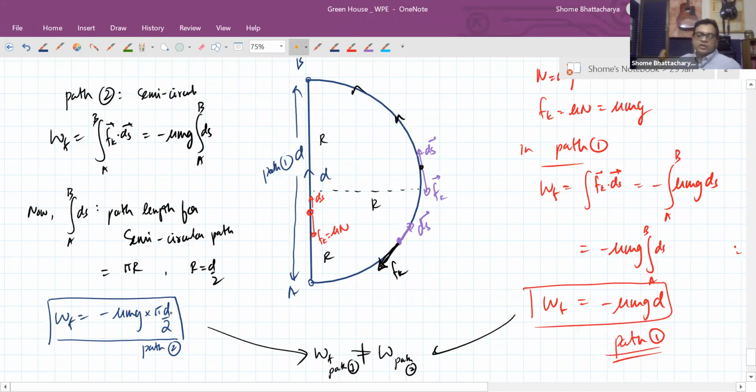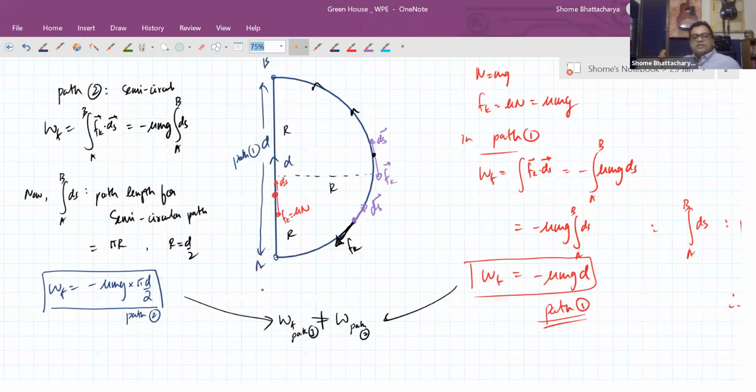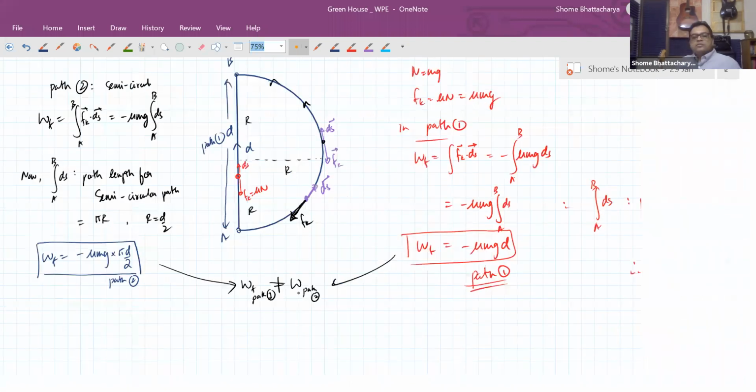Now pi by 2 is greater than 1. No? You can see pi is 3.14. So they are not equal. So that means the friction, kinetic friction, is showing the property of non-conservative force. So therefore you can see that kinetic friction here is a non-conservative force.